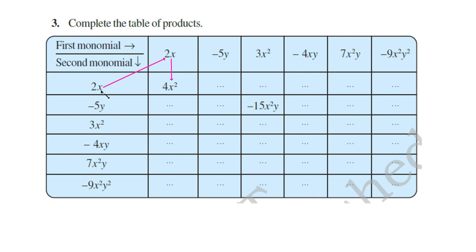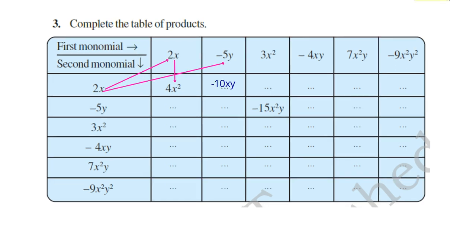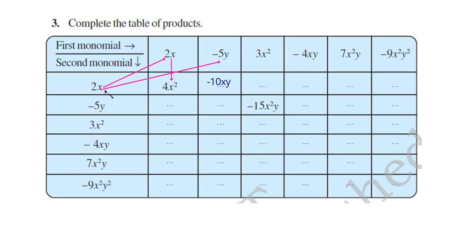Similarly, next 2x into minus 5y, you will get 2 into minus 5, minus 10, x into y, xy. Similarly, next you have to multiply 2x into 3x square and write the answer here. Similarly, 2x into minus 4y, minus 8xy, 2x into minus 7x square y, 2x into 9, minus 9x square y square, and write the answers in this first row.